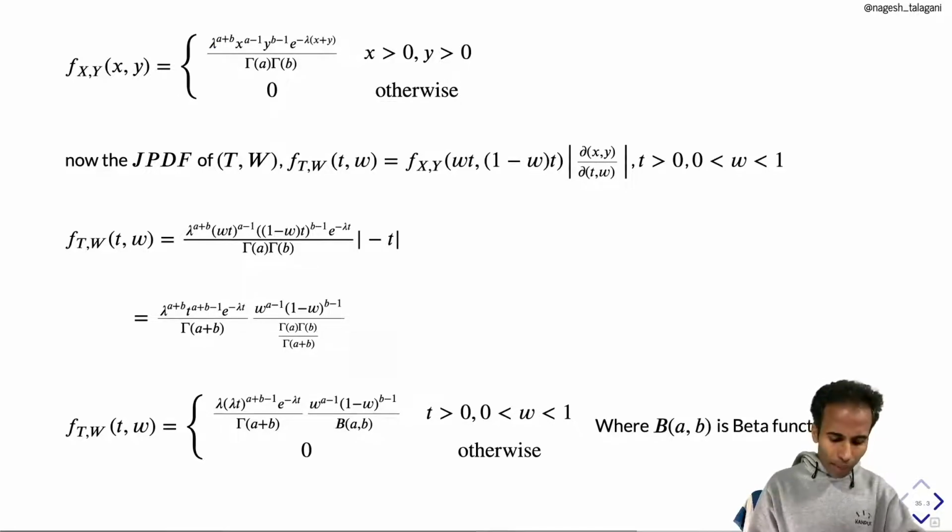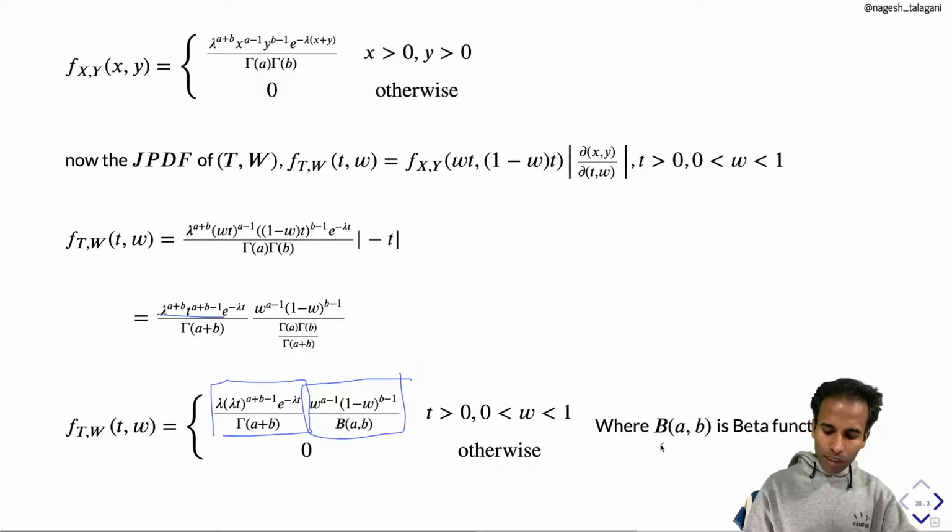Now the joint PDF of T, W I am writing like this: lambda times (lambda t) to the power of a plus b minus 1, e to the power minus lambda t by gamma a plus b, times w to the power of a minus 1, (1 minus w) to the power of b minus 1, by beta(a, b), right? Where beta(a, b) is the beta function that you know.